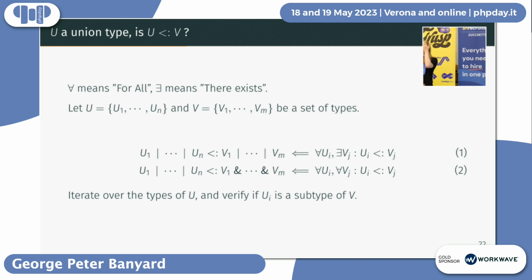So how do you phrase this mathematically? There's a couple of symbols. The inverted A means for all. The inverted E means there exists.